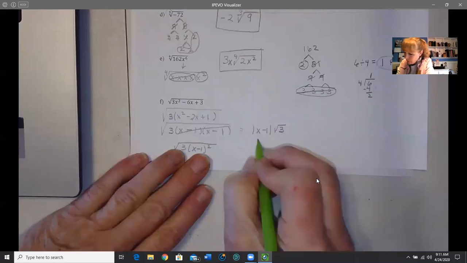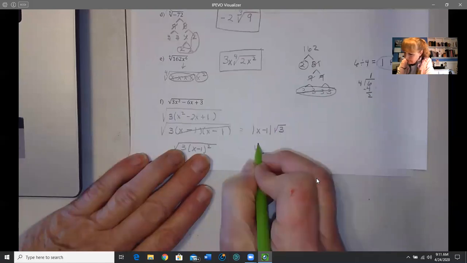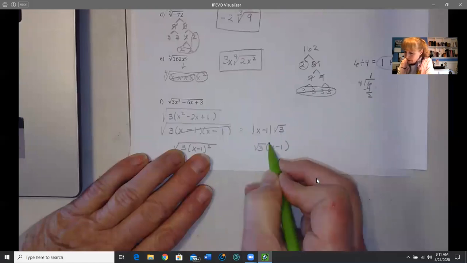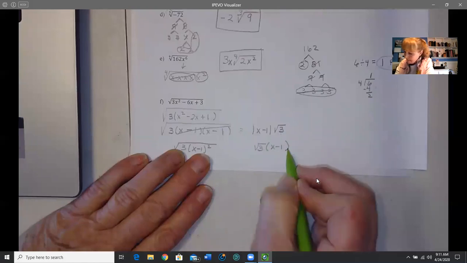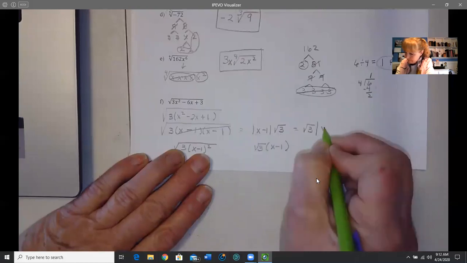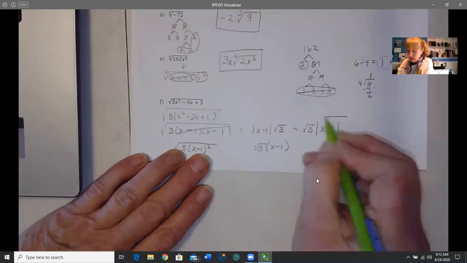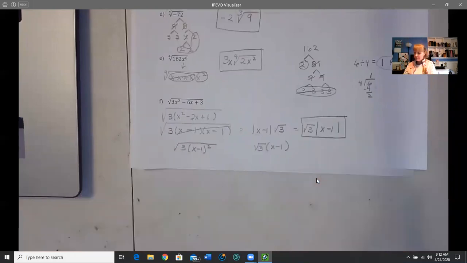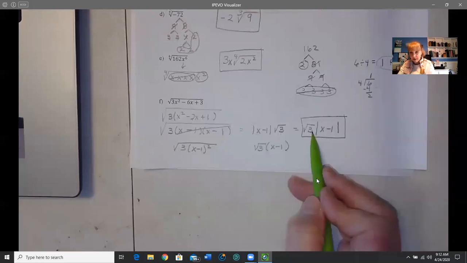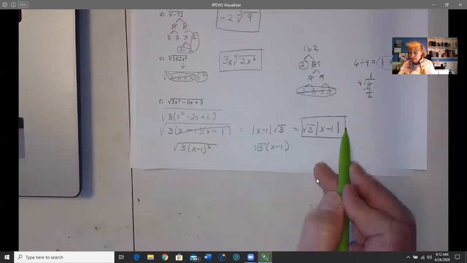Chances are this is what they're going to want, but you could have had x minus 1. You can put that in front, using parentheses. I would use absolute values. Like I say, the square root of 3 can be behind or in front.